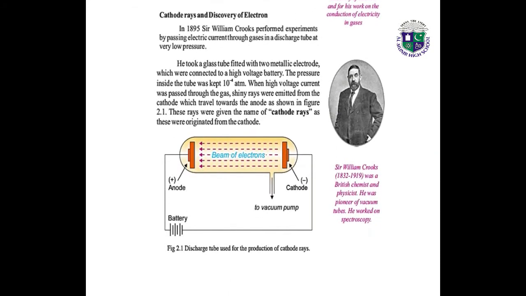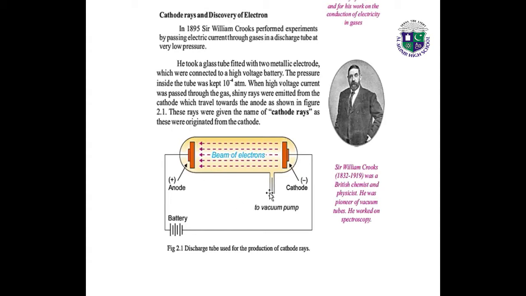First of all, the discovery of electron: cathode rays. In 1895, Sir William Crookes performed experiments by passing electric current through gases in a discharge tube at very low pressure. He took a glass tube fitted with two metallic electrodes which were connected to a very high voltage battery.